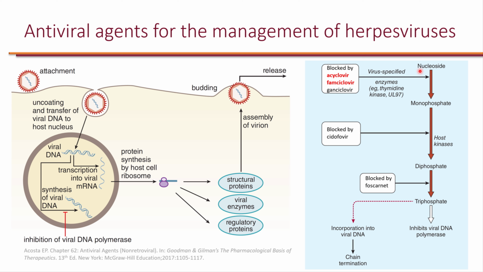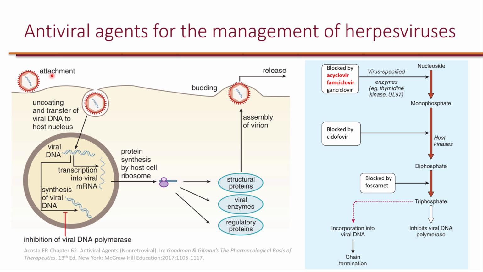Normally a nucleoside will be phosphorylated into monophosphate, and it will continue until the final step where it is incorporated into DNA. The same is true for acyclovir, famciclovir and valacyclovir; they will need to be phosphorylated. So if there are mutations in this enzyme, acyclovir will not work. But pretty much for herpes viruses, resistance to acyclovir has been pretty rare.